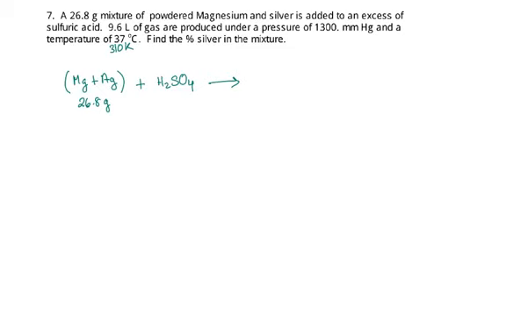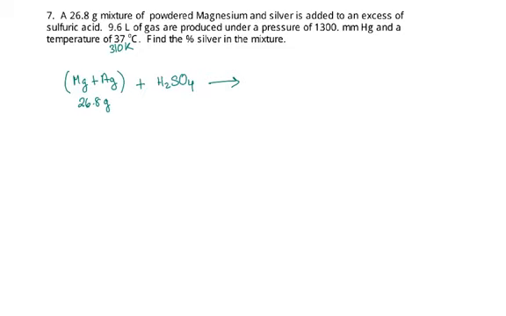So let's first figure out what kind of reaction is happening here. If I have magnesium and silver reacting with H2SO4, this would be a single replacement. But based on the activity series, silver is less reactive than hydrogen, so silver will not react. Magnesium will.